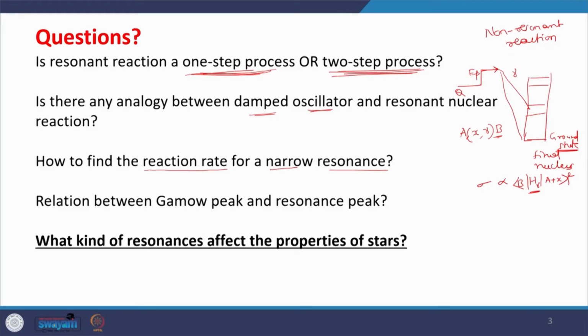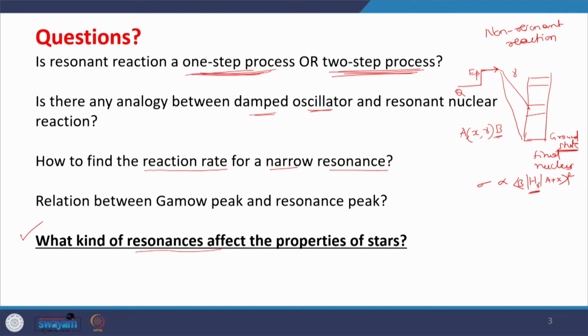One of the most important questions we have to understand in stellar evolution and the role of resonant reactions is whether low energy resonances or high energy resonances play an important role in energy production, nucleosynthesis, and finally stellar evolution.